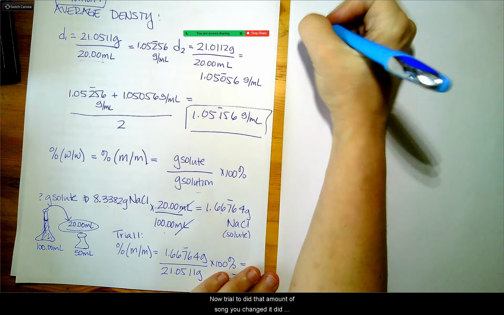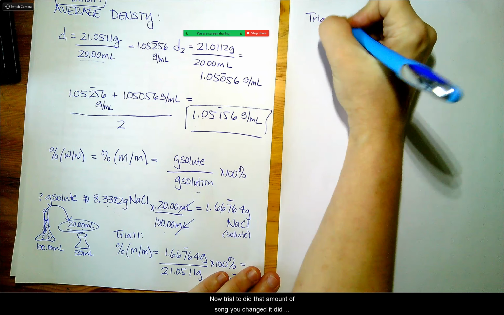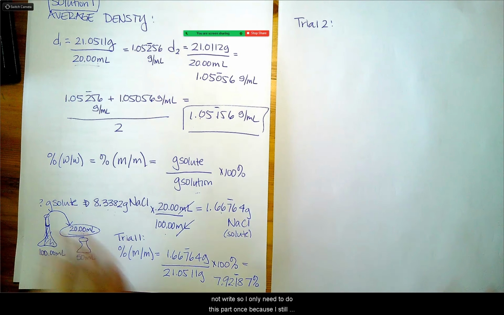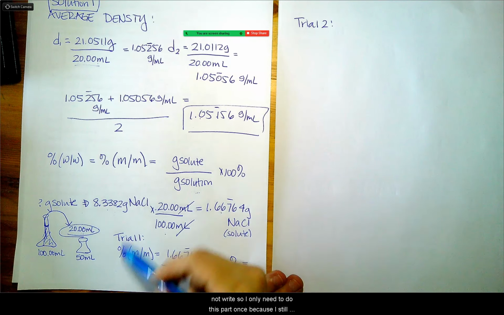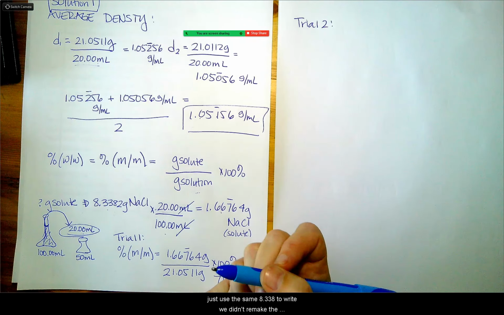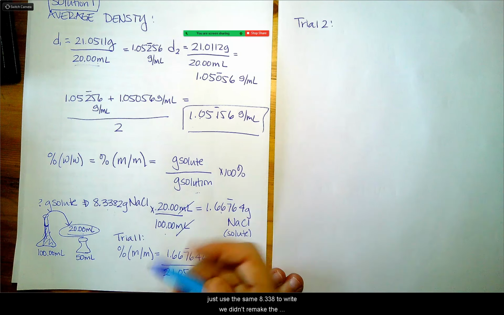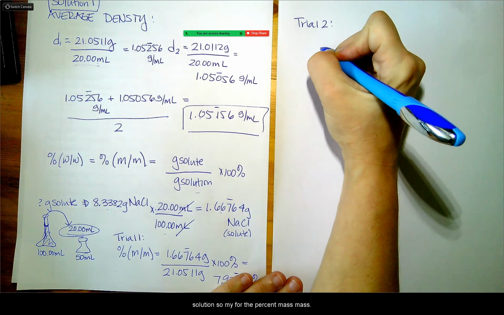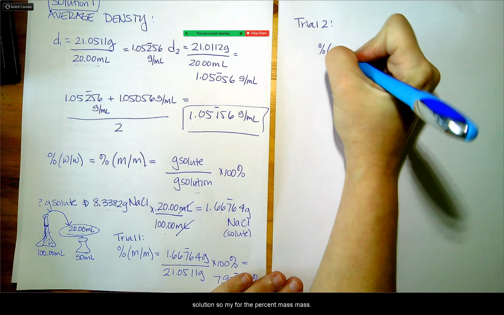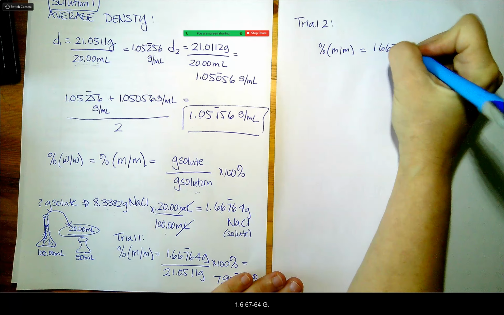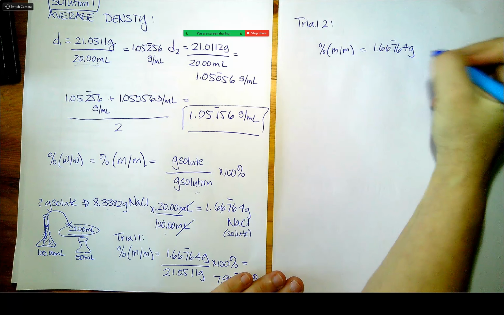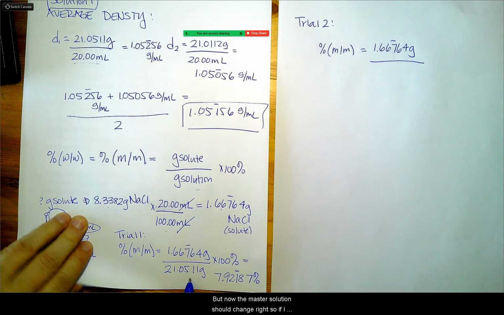Now trial 2, did that amount of solute change? It did not, right? So I only need to do this part once because I still just used the same 8.3382. We didn't remake this solution. So for the percent mass, I'm going to have 1.66764 grams. But now the mass of solution should change, right?